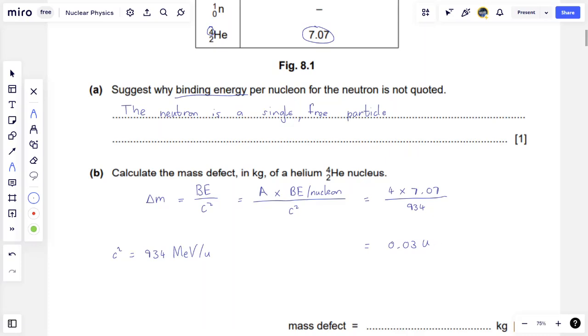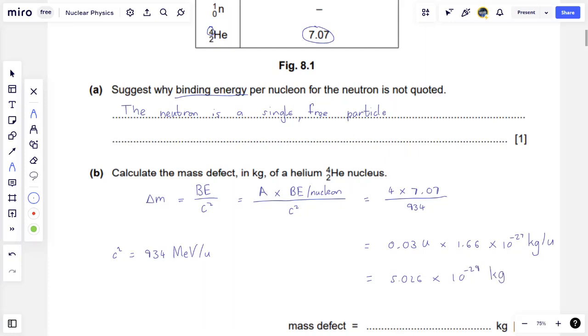And so I have to get rid of the u by going to my data sheet and looking that 1 atomic mass unit is equal to 1.66 times 10 to the minus 27 kilograms. And so what am I left with? I put this into my calculator and I get 5.026 times 10 to the minus 29 kg.